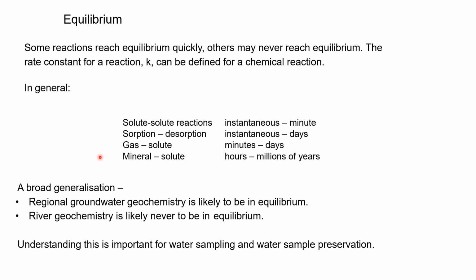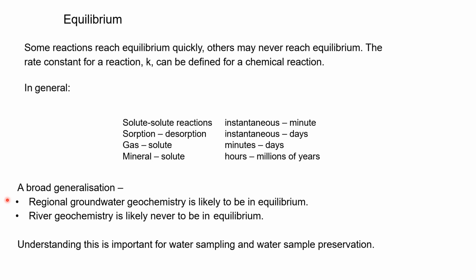If you like a broad generalization which is relevant to what you may encounter in a system, then I would suggest that a regional groundwater geochemistry, so that's a groundwater that has been under the surface for a considerable amount of time, is more likely to be in equilibrium.